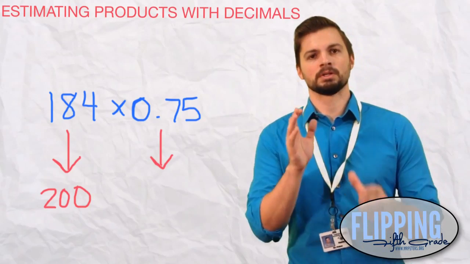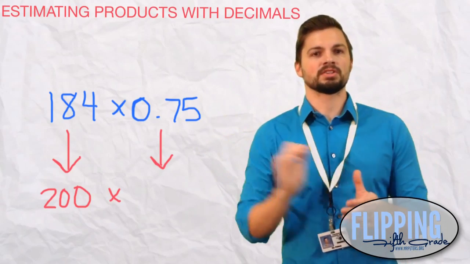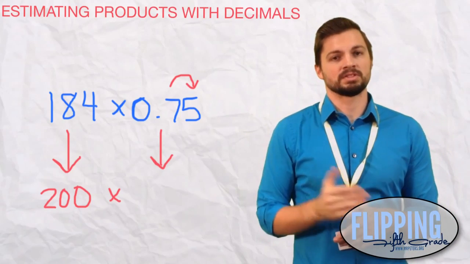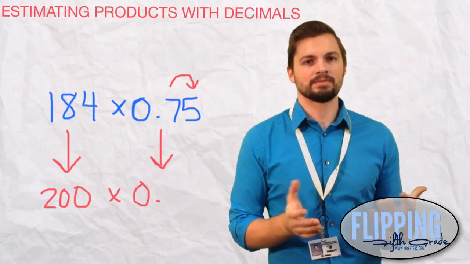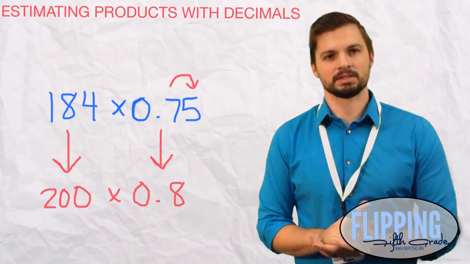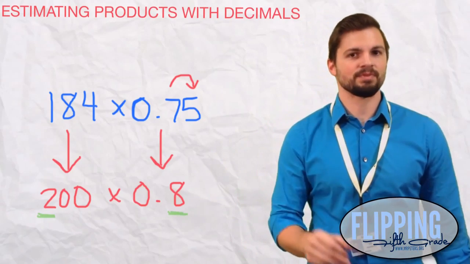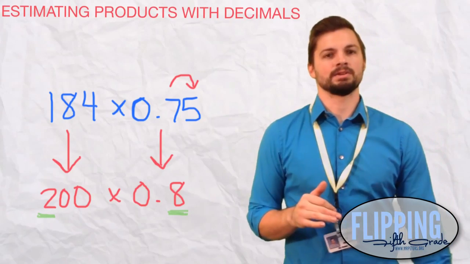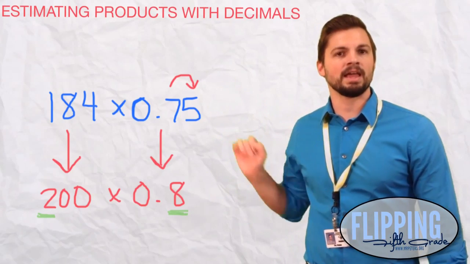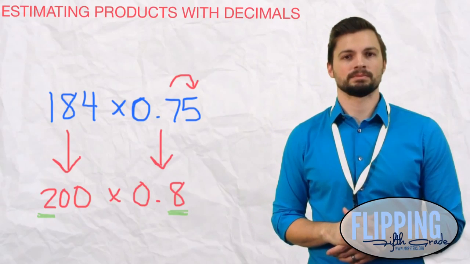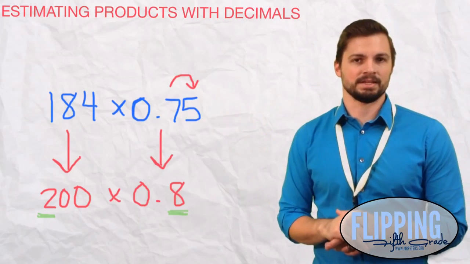Now, we have to round our 75 hundredths. That 5 tells us to round the 7 up to 8. So now we have 200 times 8/10. What I'm going to do, and you probably have seen this before, I'm going to underline my non-zero digits, 2 and 8. I'm going to take that 2 times the 8. I'm going to get 16.